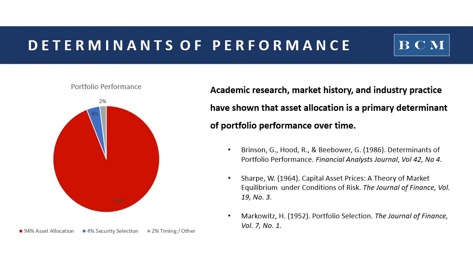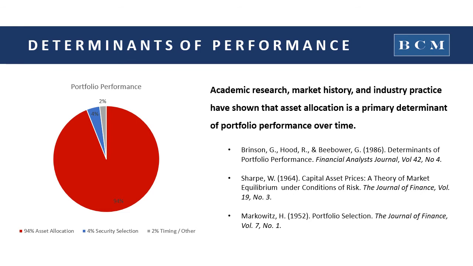Now, there has been an extensive amount of research done on this topic over time, studies on performance attribution and whatnot. And most of these studies have concluded that asset allocation is the most influential, most important factor. The most famous study, the most well-known at least, is known as the BHB study after its authors.